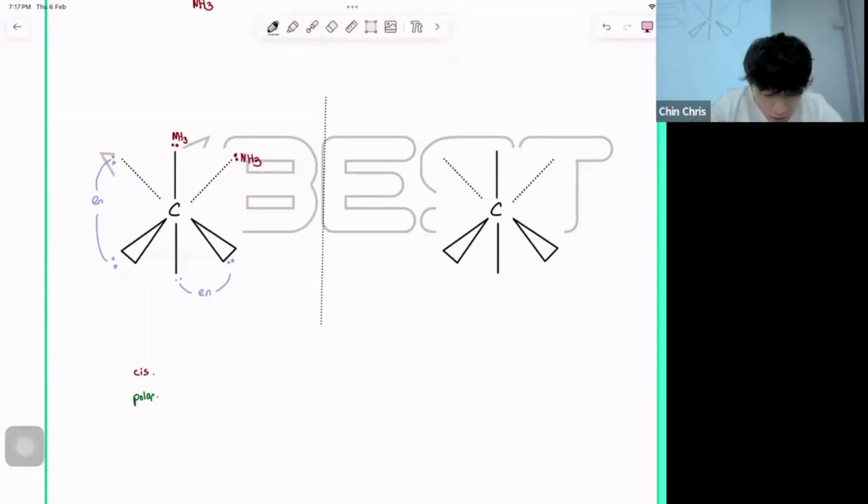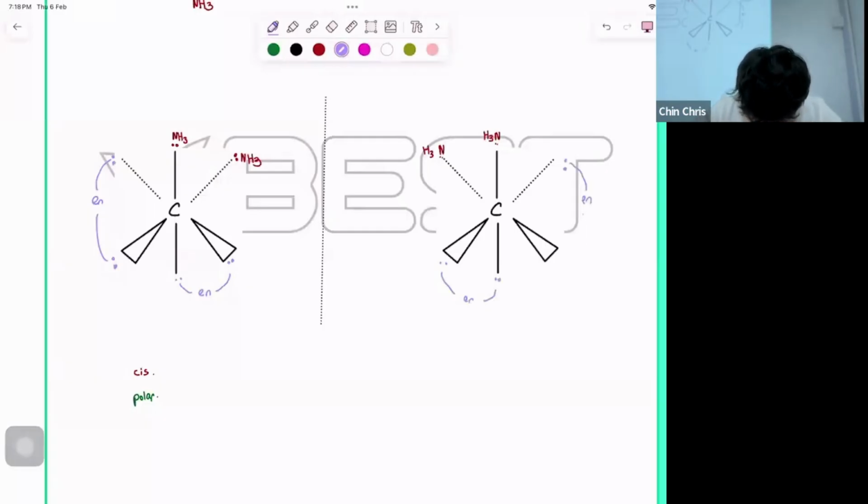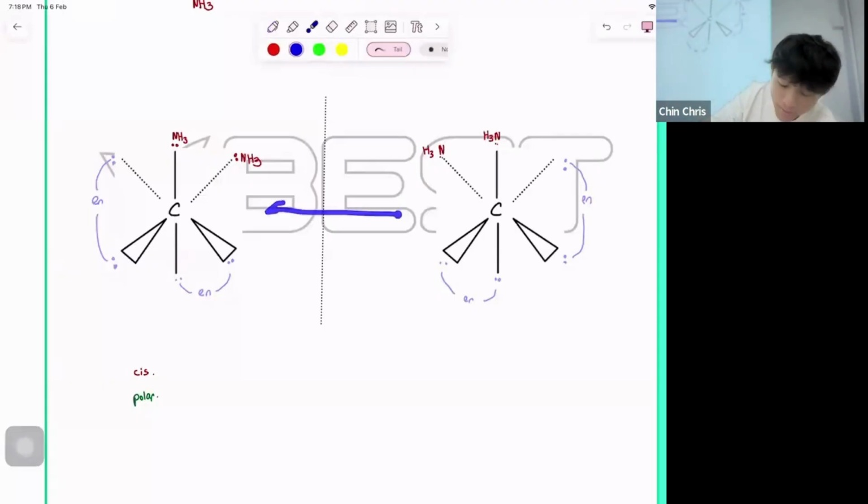It's going to be NH3, en. Okay, guys, do you see that these two molecules are not the same?